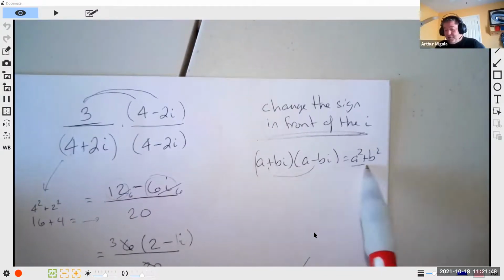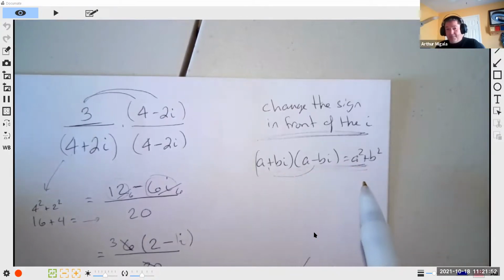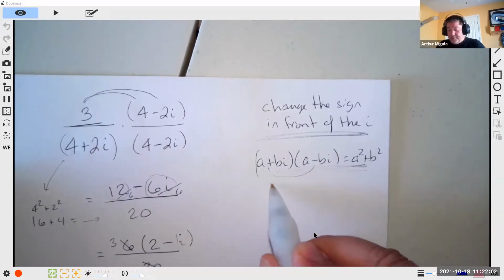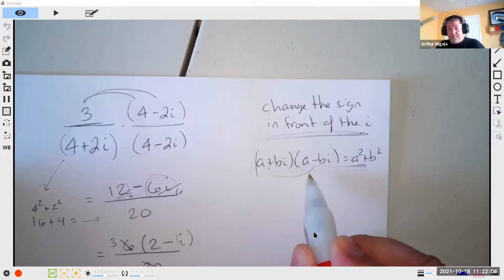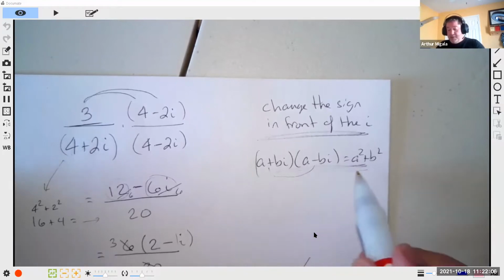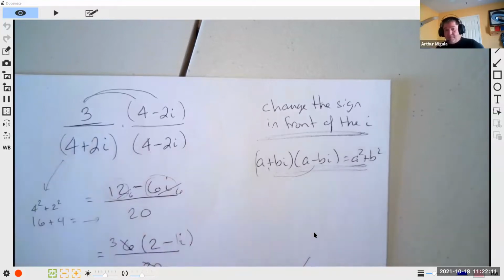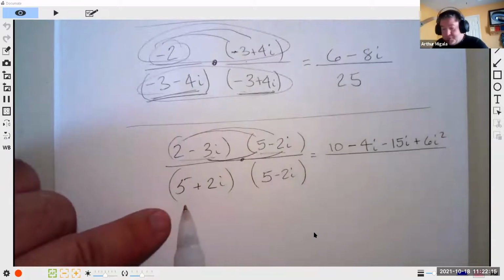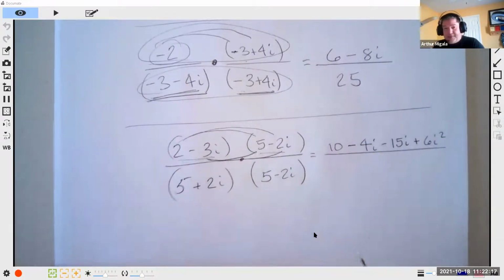Highlight this formula somewhere, because this will help you whenever you go back and forth. If you have the same numbers but different sign in the middle, this is the shortcut. So in this case, on the bottom, it's always going to be the same shortcut.